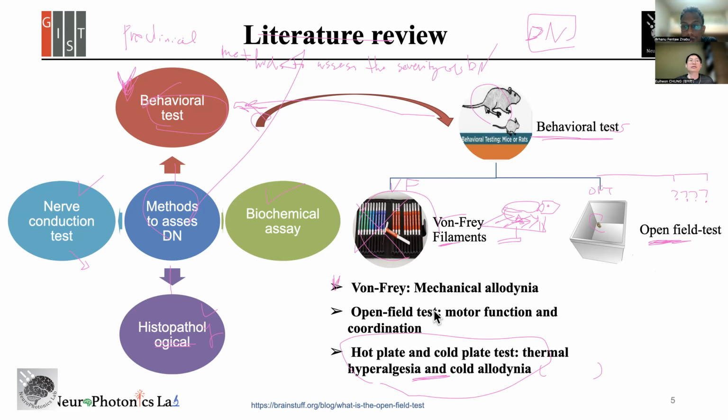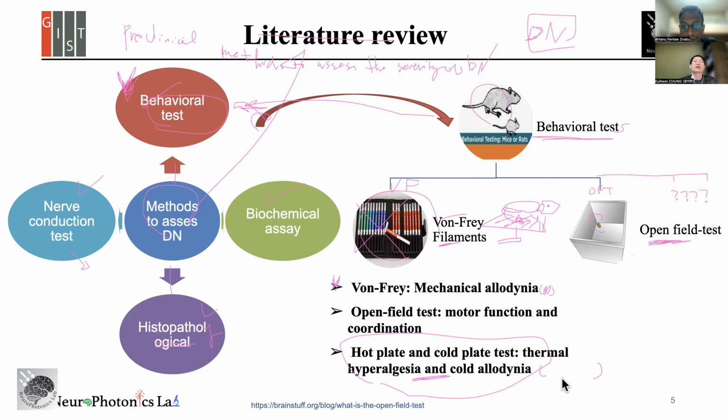Okay, I see. But people may ask you, what about the ones you put there, why are you not doing this? But this is the first step and the most important. The first gold standard, yeah. So this is mechanical and this is thermal.